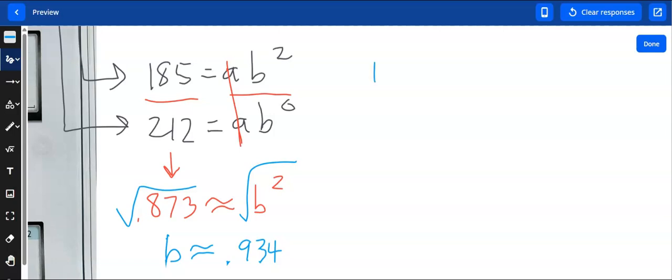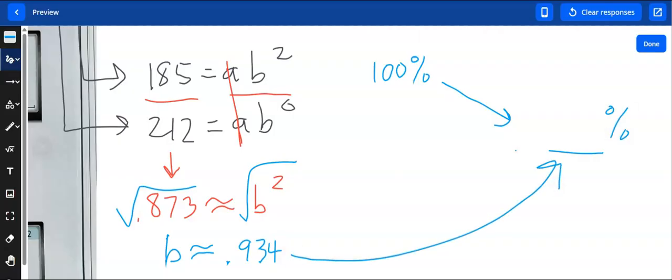Before we continue, just a quick question. Remember, I've drawn these pictures for you before, and I've told you that you start at 100%. In this case, what percent are we at now? How can you convert 0.934 into a percentage? 93.4%. So my question to you right now, what percent are we losing?